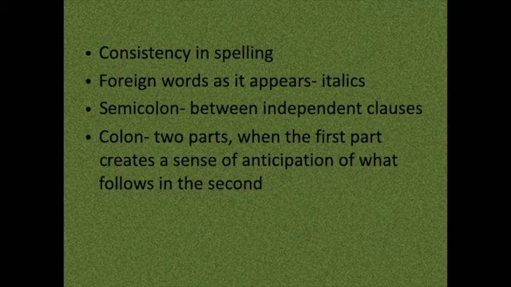If you use semicolon, that means the two parts are independent because we use semicolon between independent clauses. While you use colon between the two parts, the second part is a continuation of the first part, or the first part creates a sense of anticipation of what follows the second.